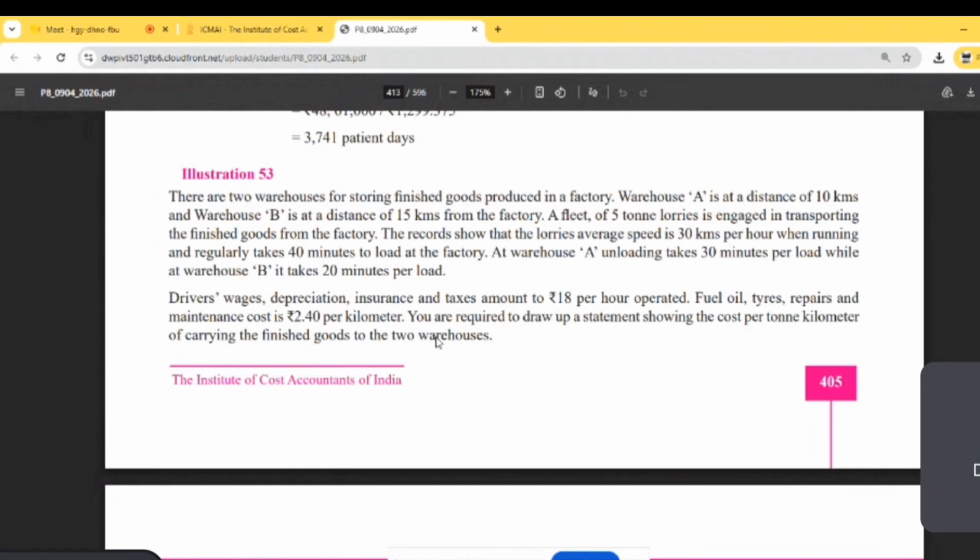At warehouse A, unloading takes 30 minutes per load, while at warehouse B, it takes 20 minutes per load. Driver's wages, depreciation, insurance and taxation amounted to 18 per hour operated. Fuel, oil, tires, repairs and maintenance cost 2.40 per kilometer. You are required to draw up the statement showing the cost per kilometer and cost per ton kilometer for carrying the finished goods to A and B.